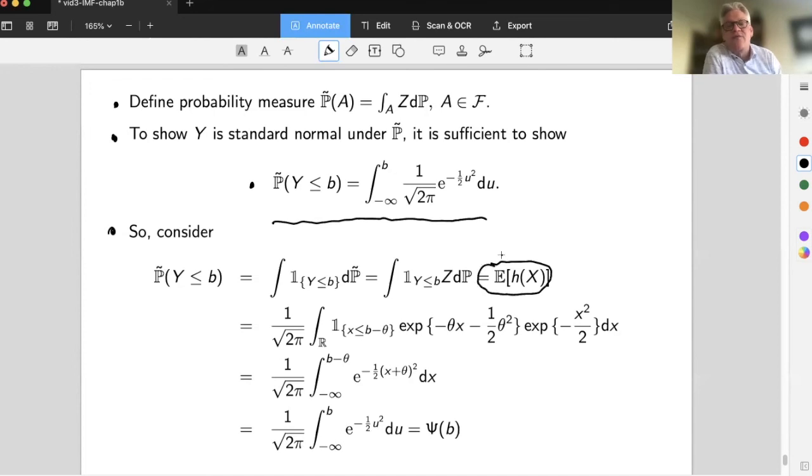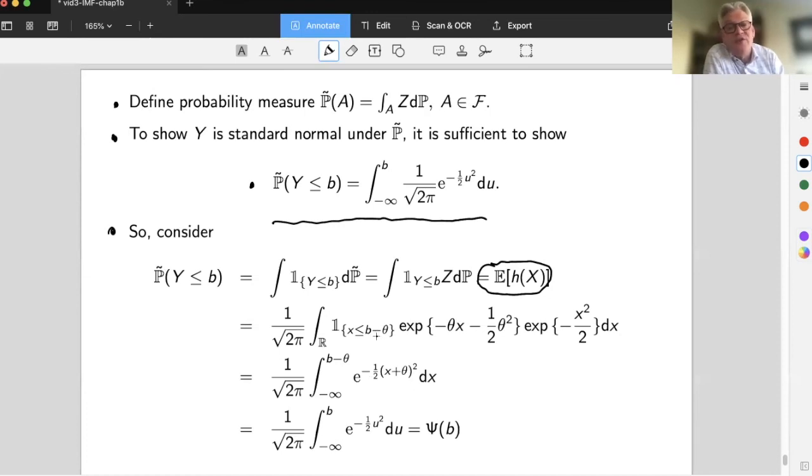Now we write it out. It's 1 over the square root of 2 pi. The indicator function, we go back from Y to X. So the indicator function that X is less or equal to b minus theta.